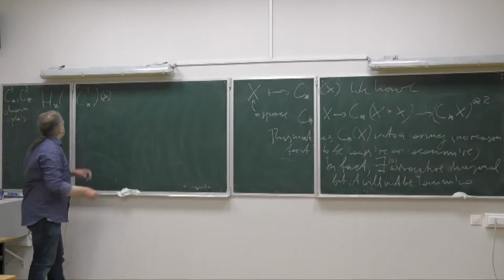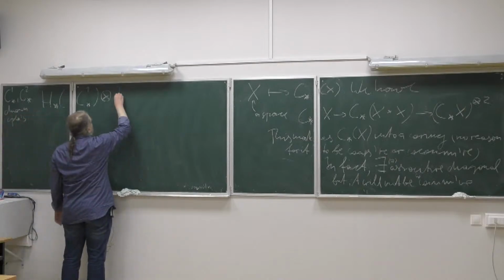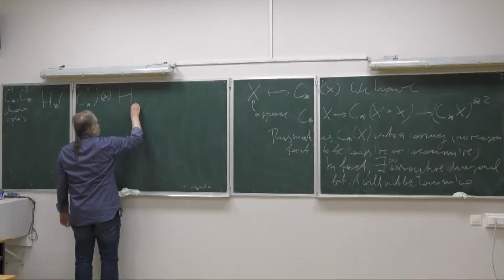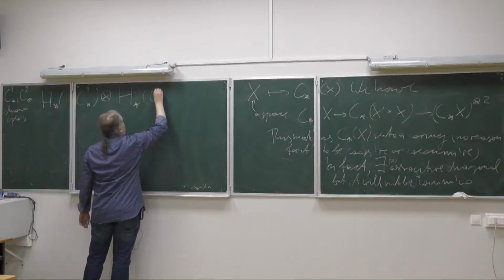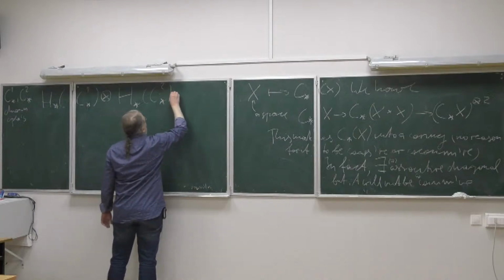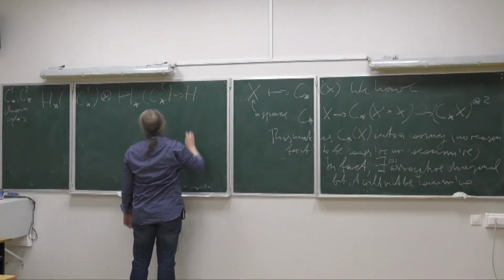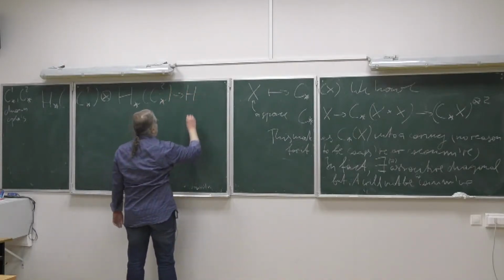then we have a map from the homology of C1 tensor the homology of C2 to the homology of C1 tensor C2.